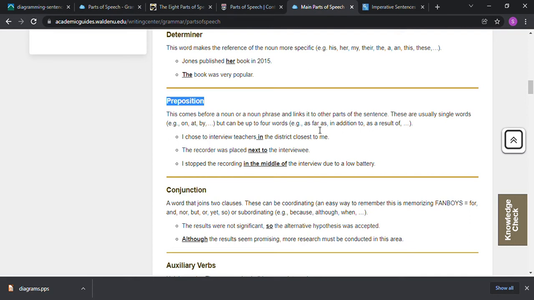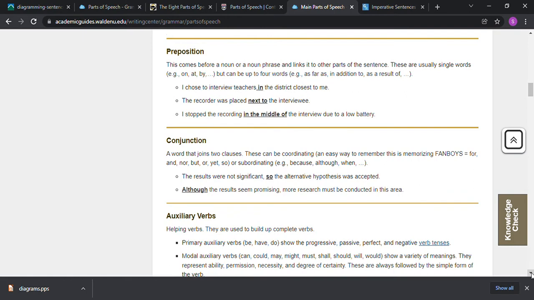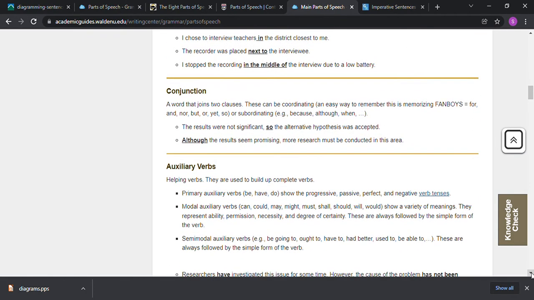So you can see the prepositions here: in the middle of, next to, in. It says they're usually single words but can be up to 4 words, as far as, in addition to, as a result of. So that will help them understand what a preposition is. And a prepositional phrase. Conjunctions.